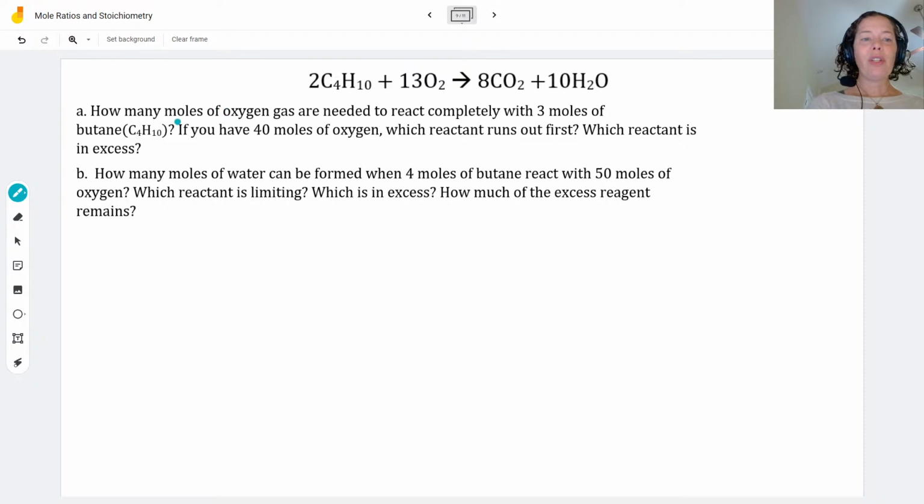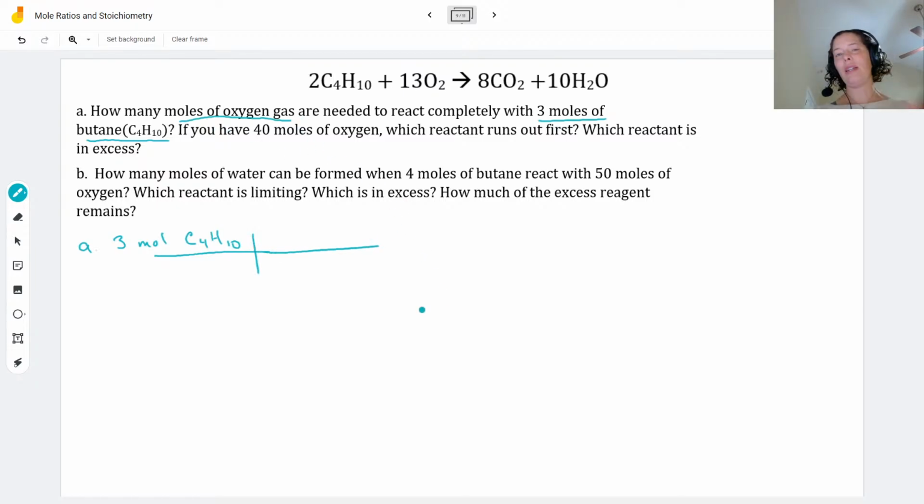All right, so we want to know how many moles of oxygen gas are needed to react with 3 moles of butane. So this is part A: 3 moles of butane. And we want to predict oxygen gas.